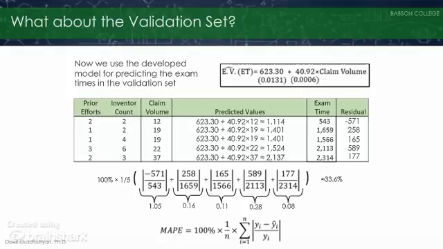Let's also not forget that the random breakdown of training and validation sets was only one of many possible such breakdowns.